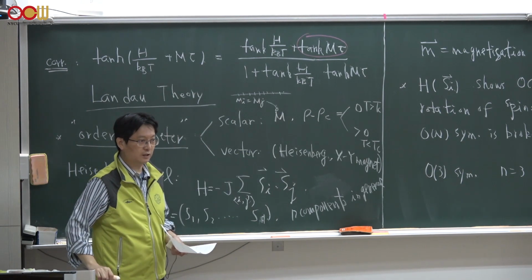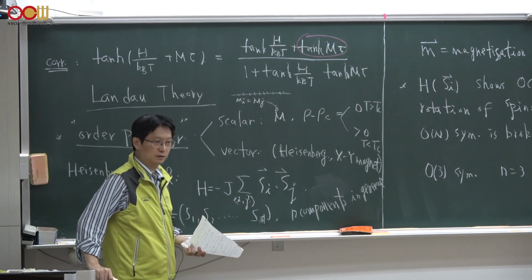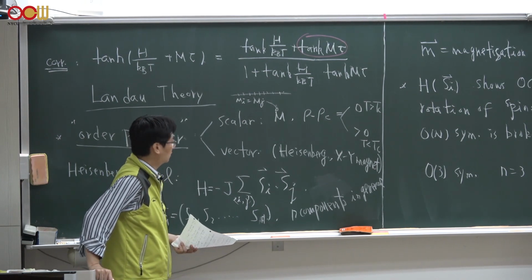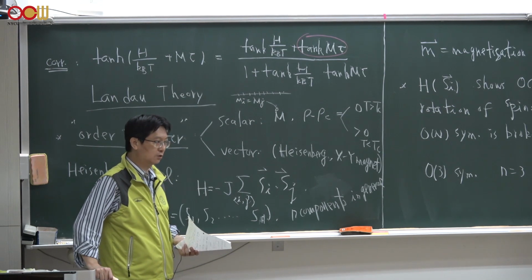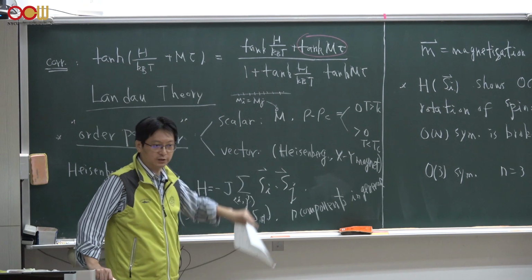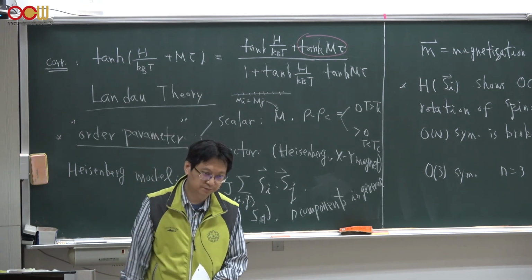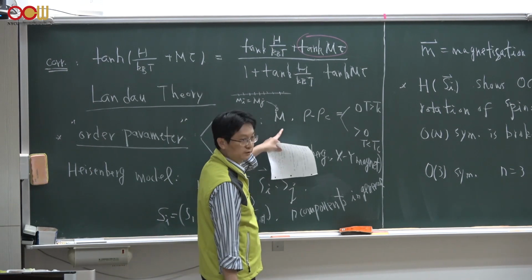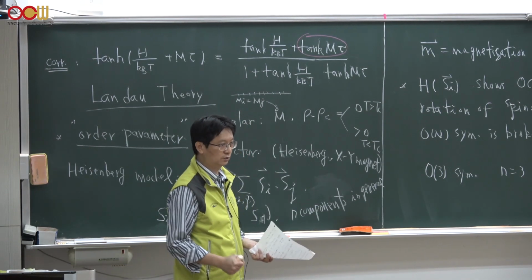However, we know that the magnetization field is also a site-dependent function. It depends from point to point, so in general it is also a function of real space variables. But here, we simply consider it a single scalar. It is finite when we are ordered, and it is zero when we are disordered.